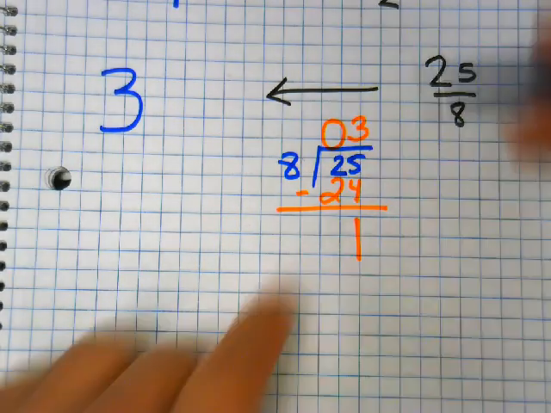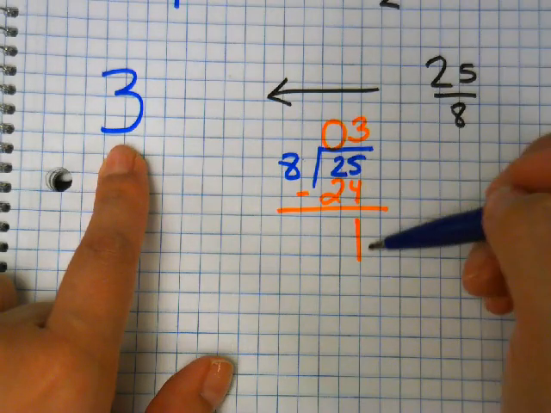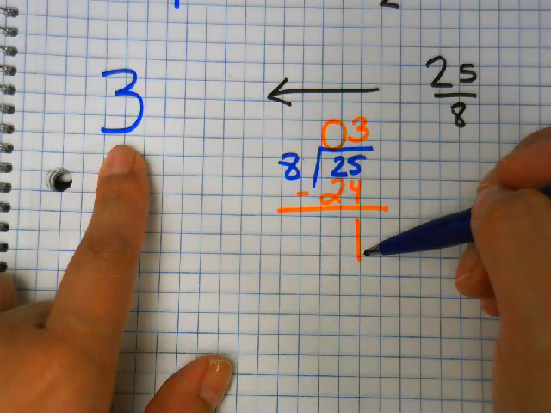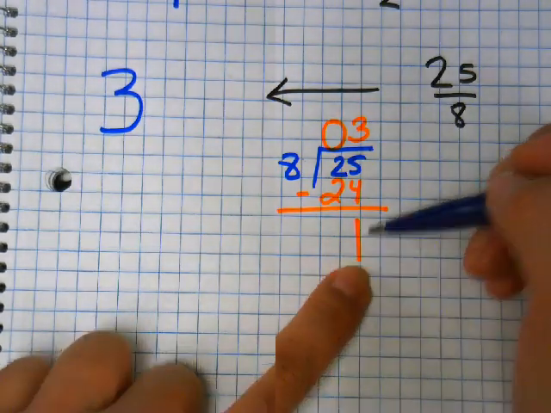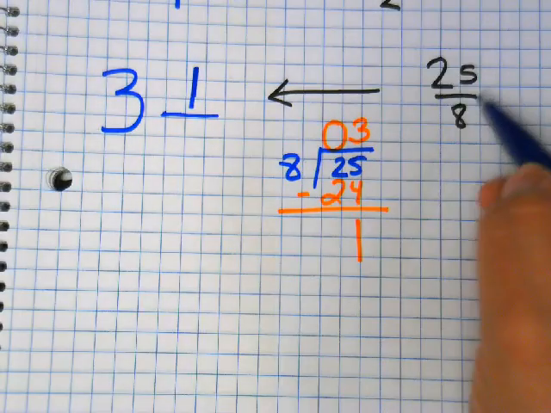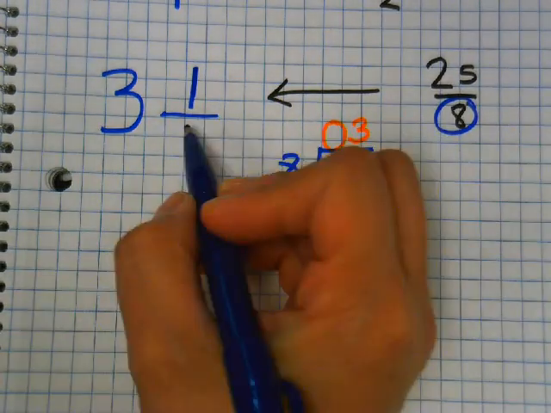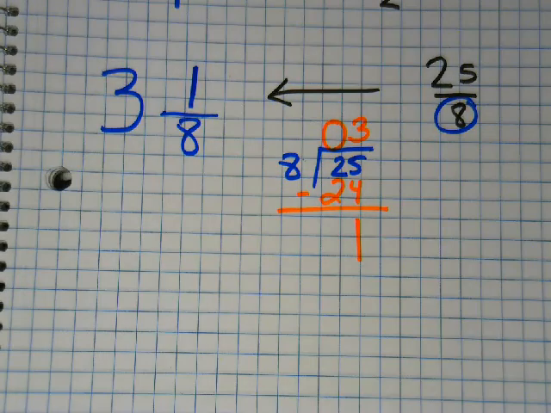So whatever is on top is your big whole number. Whatever's on the side is your leftover, your remainder, and that is your numerator. And your denominator, which is this one, stays the same.